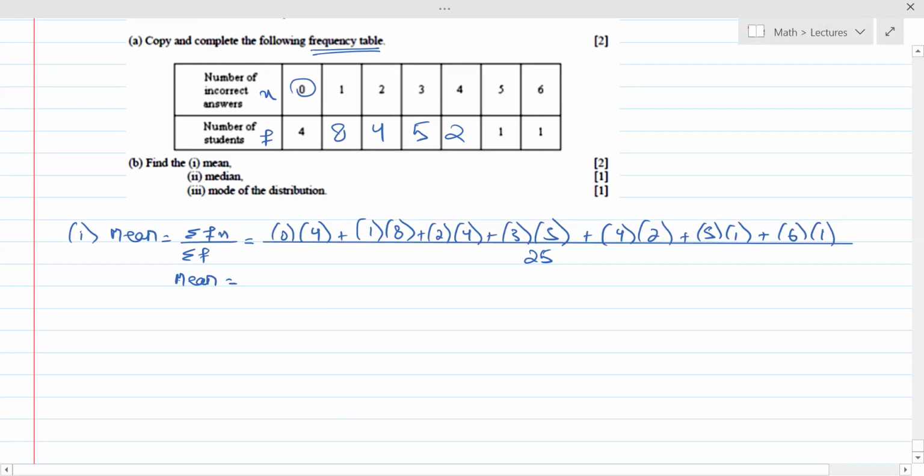That gives us 50 upon 25. The mean comes out to be 2.